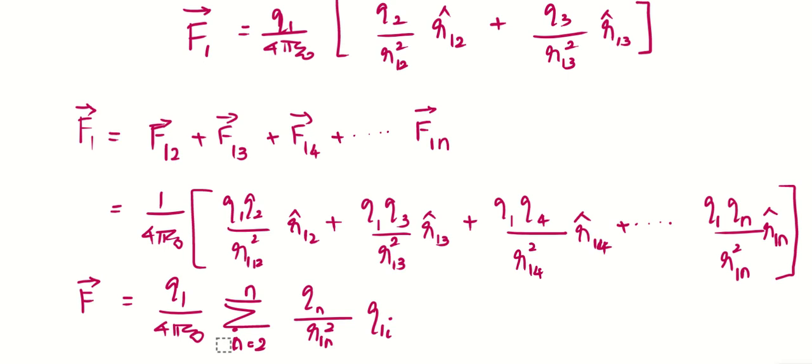Okay, let us write this way: i runs from 2 to n. Here also it will be i.